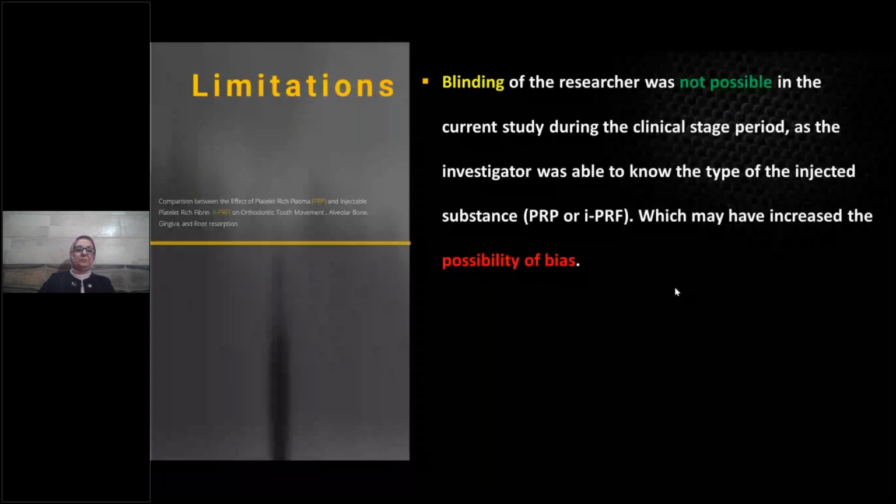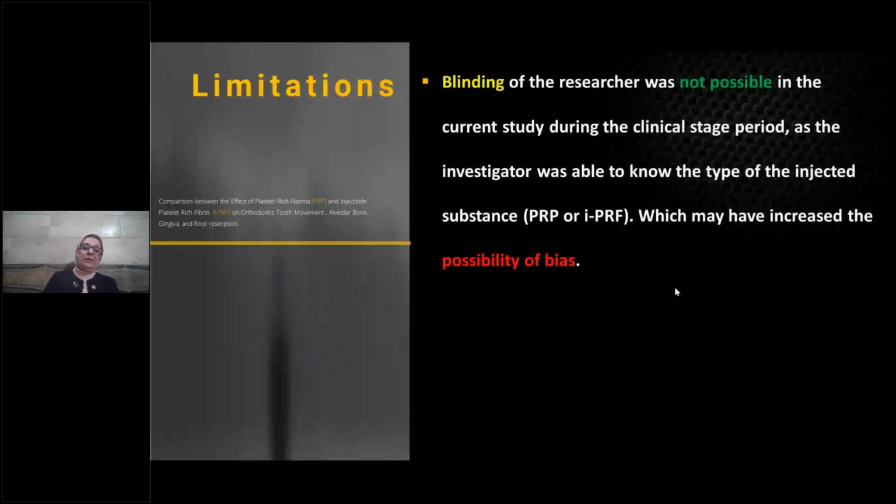We have this case: class 2 div 1, canine class 2. We have overjet less than 10 degrees. And then we have TPA, then extraction, then leveling till we reach the 19 by 25 stainless steel.